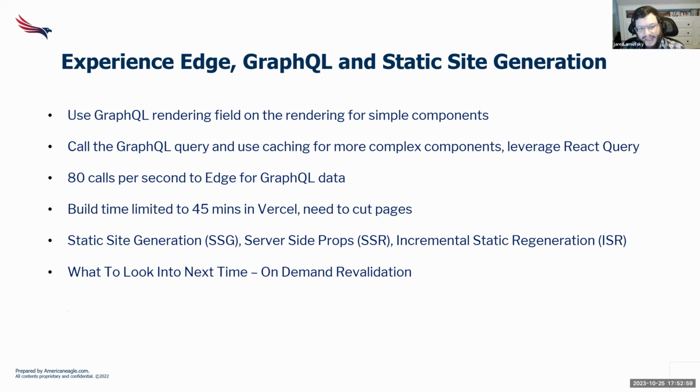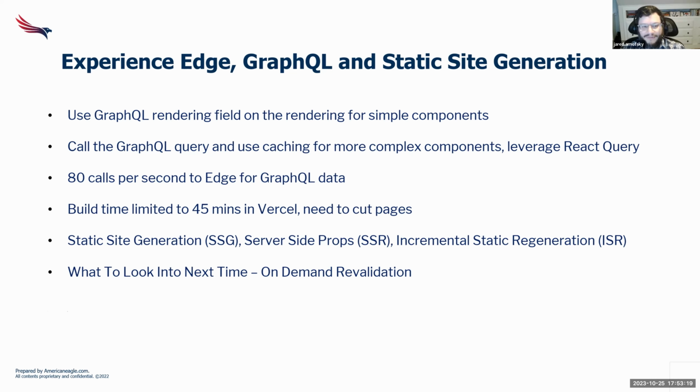within our headless application. And then to dig into SSG, static site generation, just to simplify it, is when GraphQL calls happen at build time. Whereas SSR, server-side props, is when the data from GraphQL happens at page load time, right?